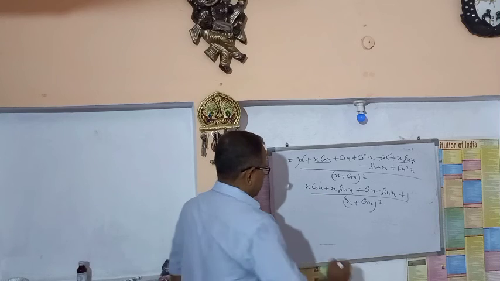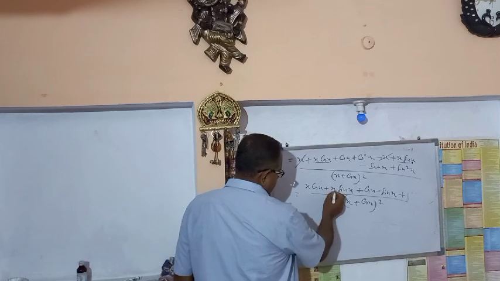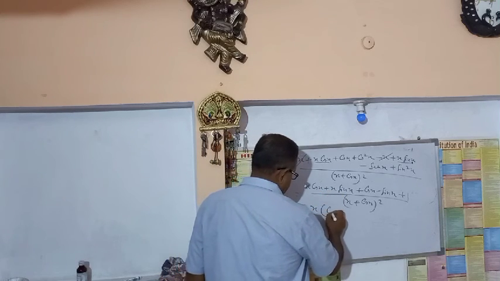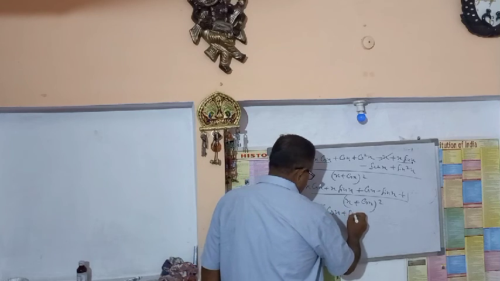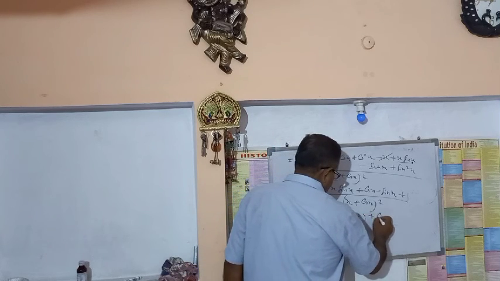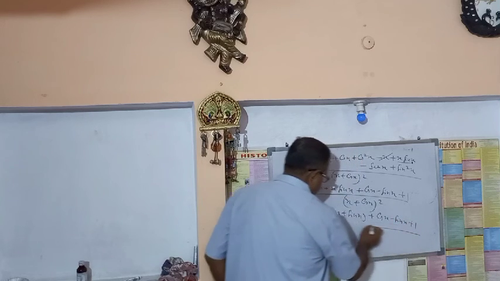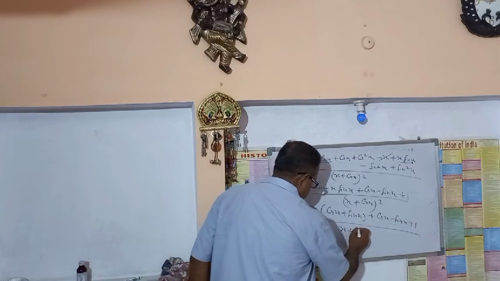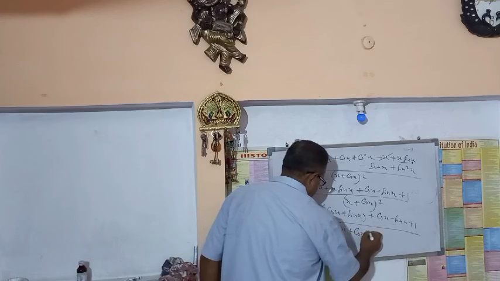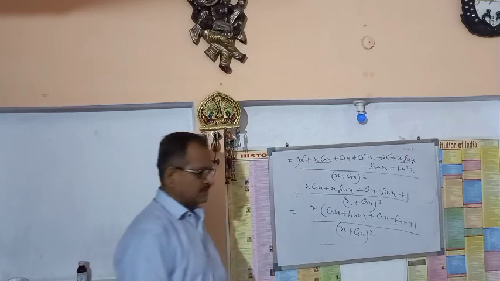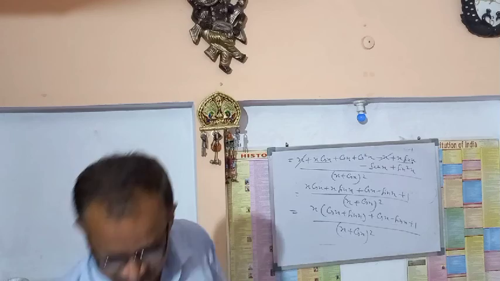One more step you can solve: take x common. So x into cos x plus sin x, plus cos x minus sin x plus 1, upon x plus cos x whole square.